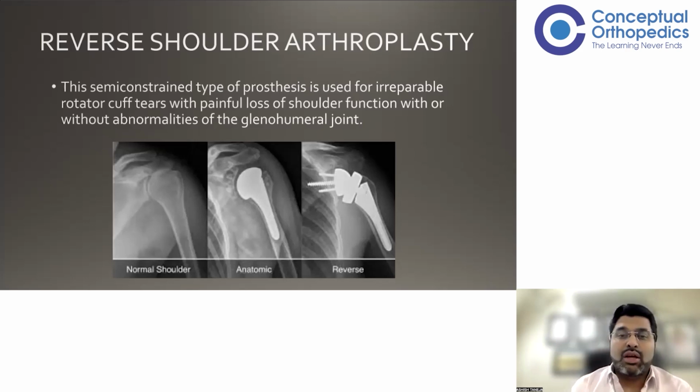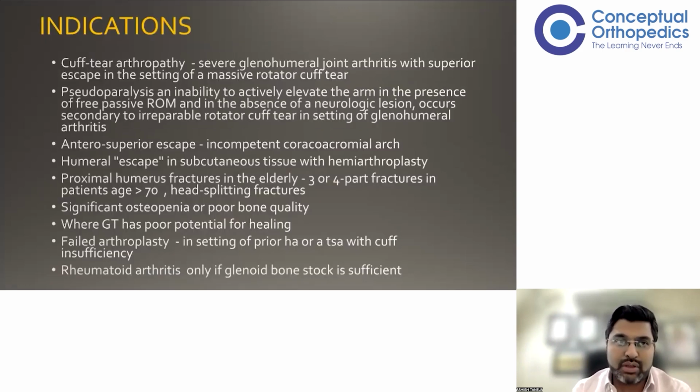There will be superior migration of the humeral head and painful loss of shoulder function, plus there will be arthritis as well. You can offer a reverse shoulder arthroplasty to a cuff tear arthropathy patient even without arthritis. This is showing a normal shoulder. This is your anatomical total shoulder and this is your reverse shoulder. So this is what you should know about the three types of arthroplasty in shoulder.